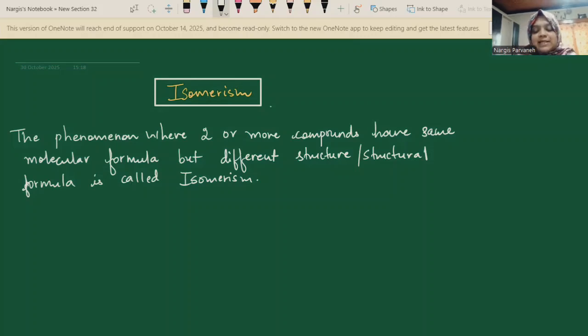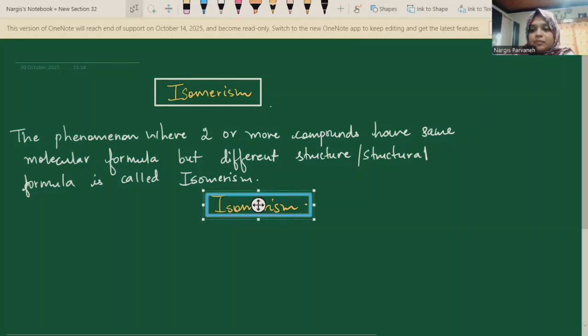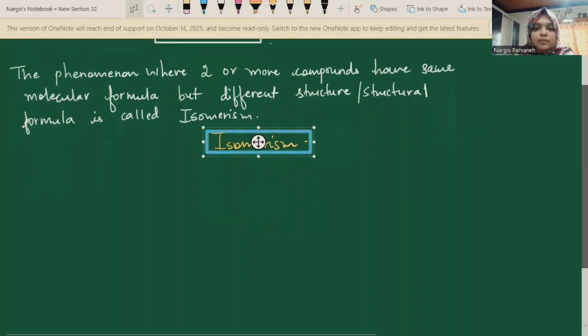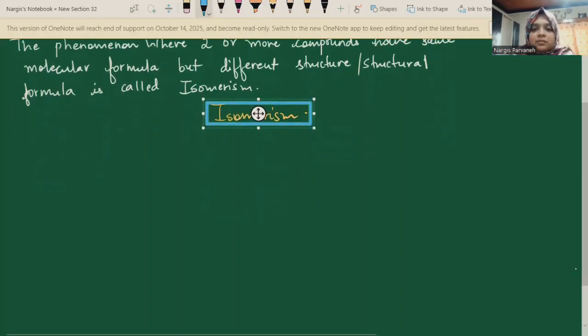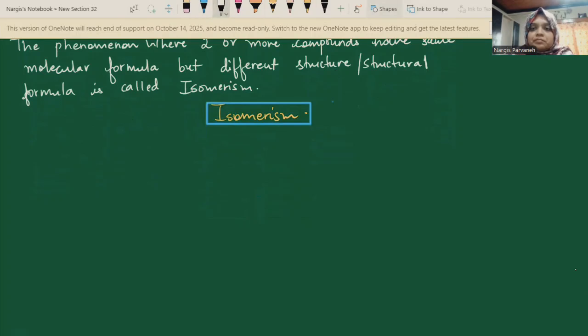Now, isomerism is classified into two types. The main two types are structural isomerism and stereoisomerism. So we'll write that here. We'll write the classification chart as well. So there are two main types.